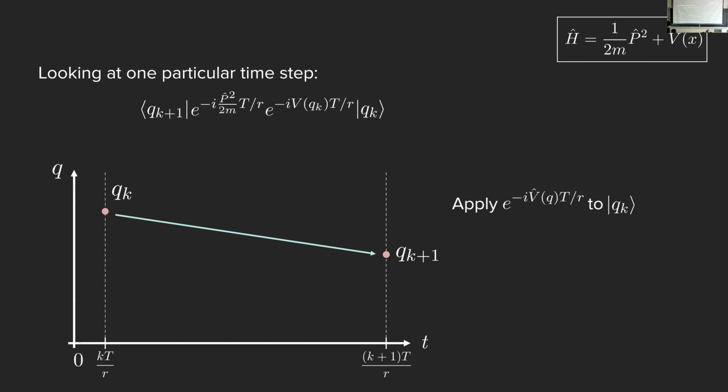Then you can apply the P operator to the P eigenstate to get the P eigenvalue in the phase, then take these inner products between P and Q, and do all the math to obtain something that looks like this.